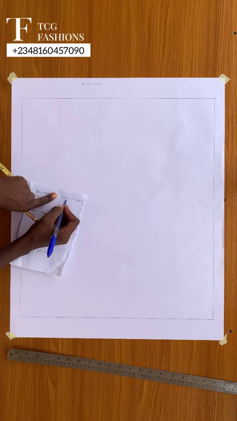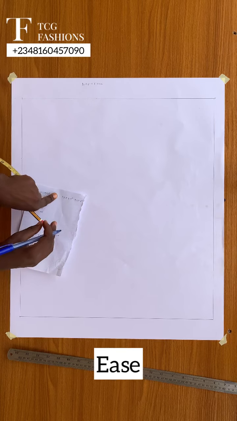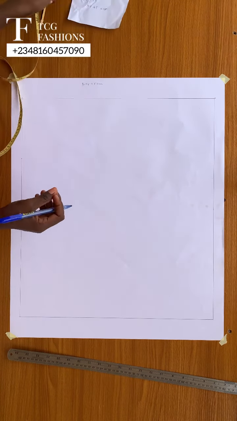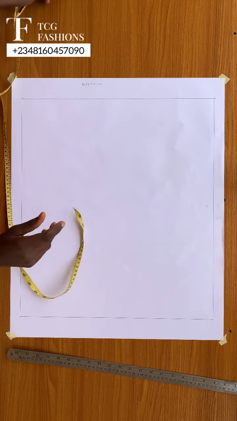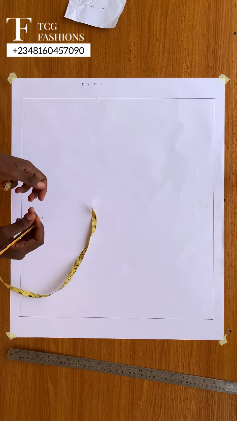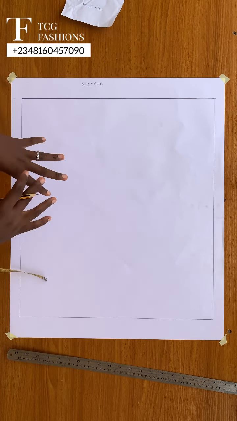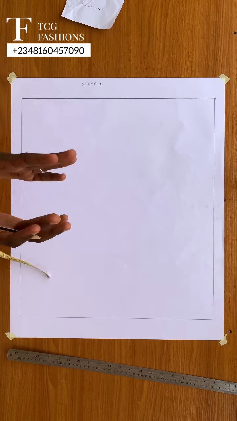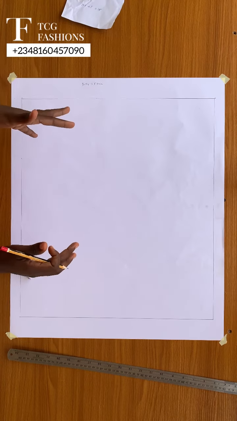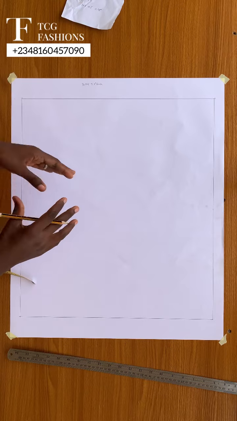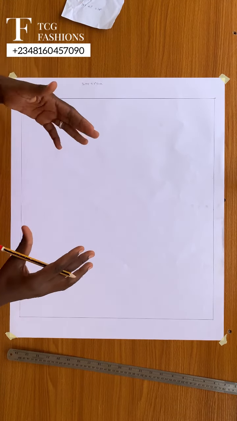So what is the importance of this ease? In pattern making, it is not advisable to construct your pattern with your exact measurements. This is not freehand. One of the advantages of pattern making is manipulation and doing different things with your pattern. And when you are manipulating, it is very possible, in fact it is what will happen, for you to eat into your measurement at one point or the other.